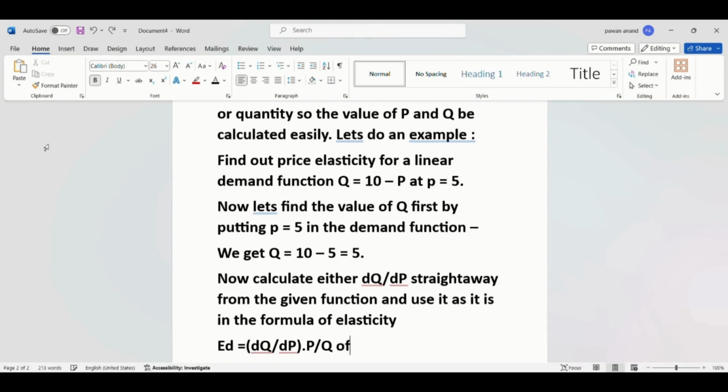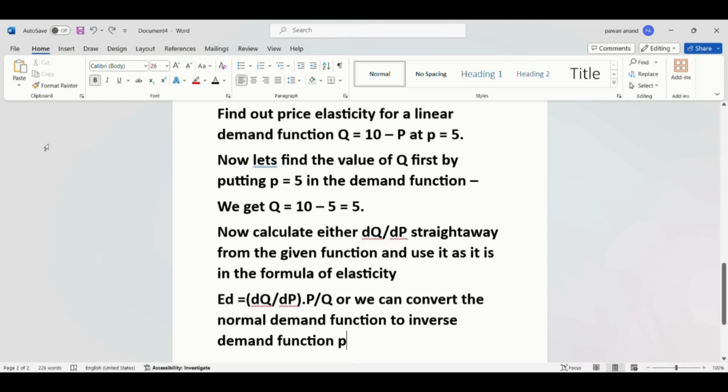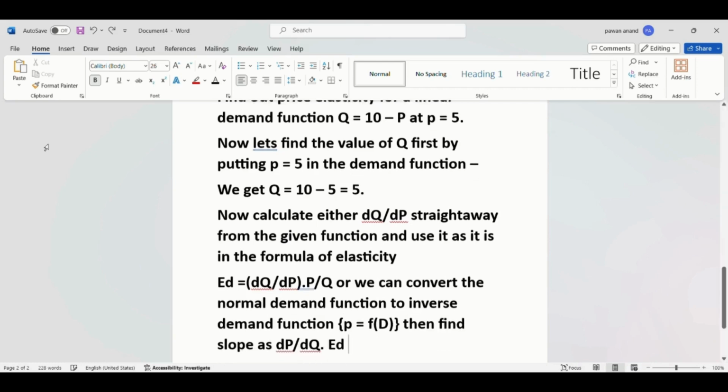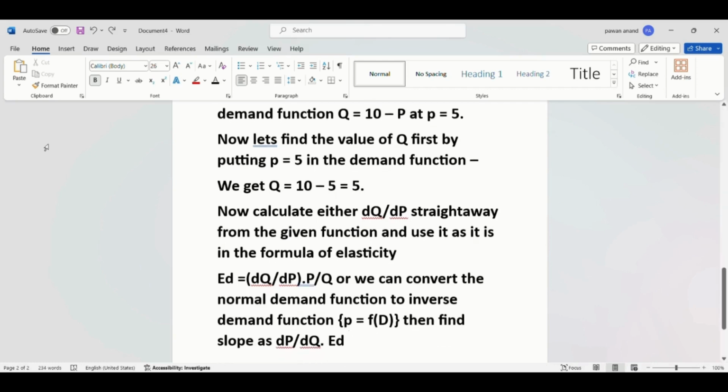Or we can convert the normal demand function into an inverse demand function, P is equal to f(Q). This is also a question asked by UGC in one of the exams, that what is the form of inverse demand function, which is P is equal to function of quantity. This is the form of the normal demand function.